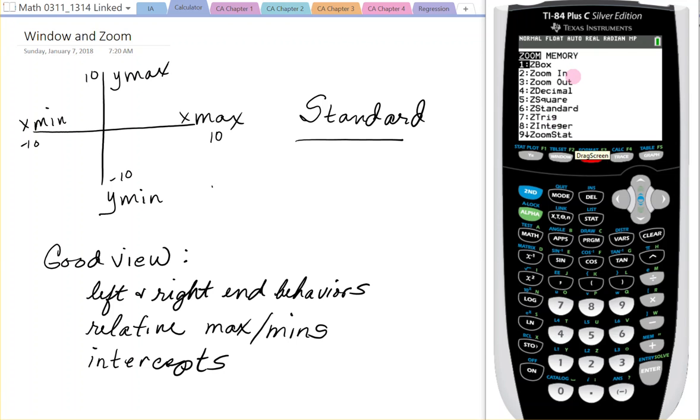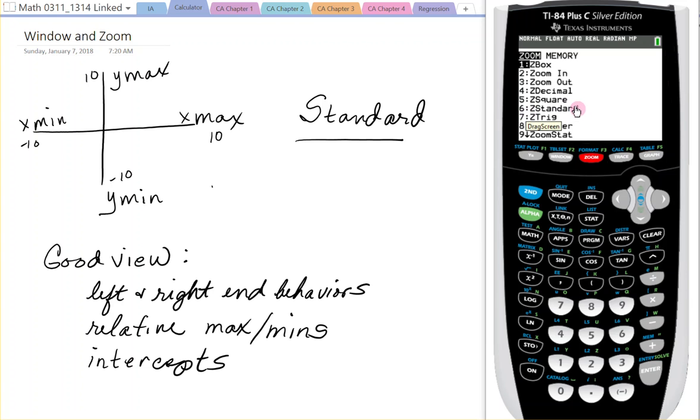It zooms in, I think, by a factor of 4. Zoom out by a factor of 4. Zoom decimal makes it nice for something called trace, but we probably won't use it. Zoom square compensates for the fact that our viewing window is a rectangle, and it adjusts so that it becomes kind of square. The one I want to spend time on today is number 6.